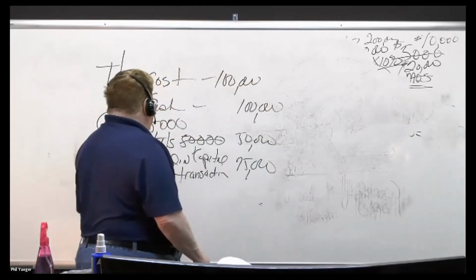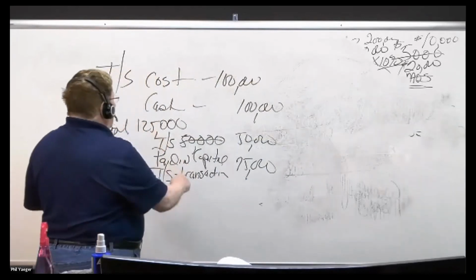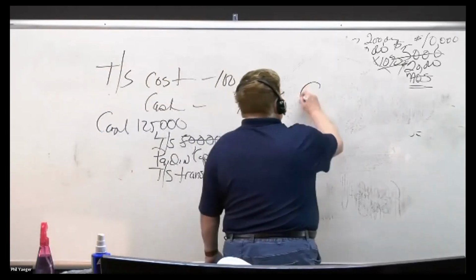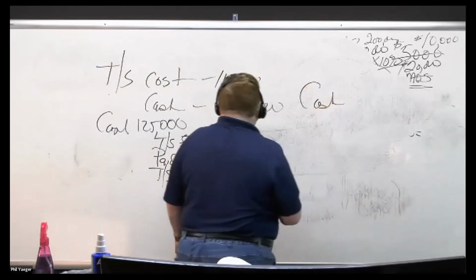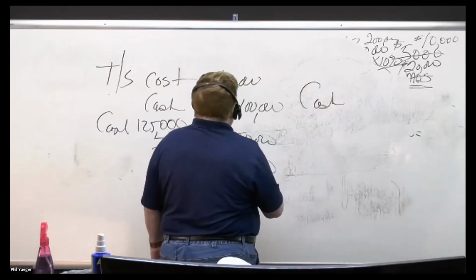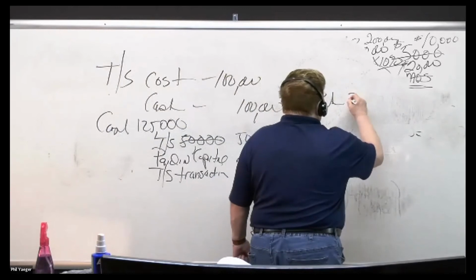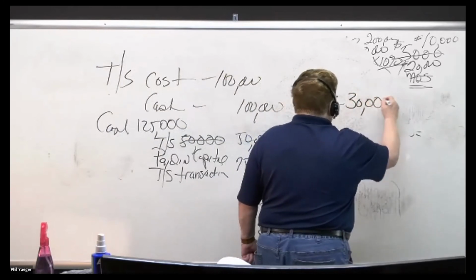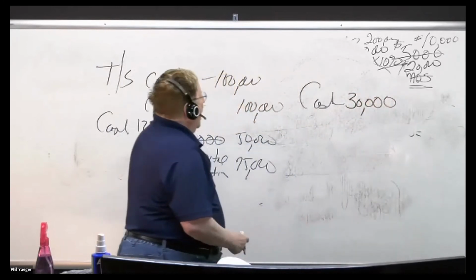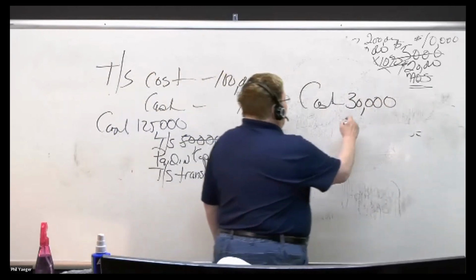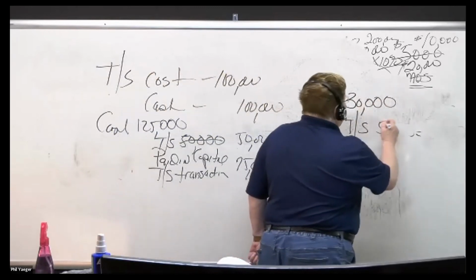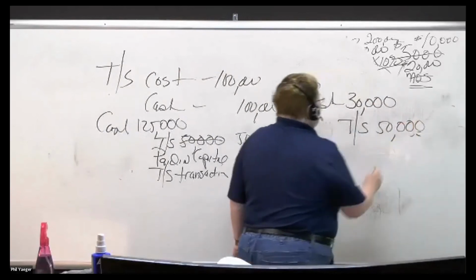And remember, if I sold the remaining treasury stock for 30,000, I would debit cash 30,000, and credit treasury stock for 50,000. And what would I debit?